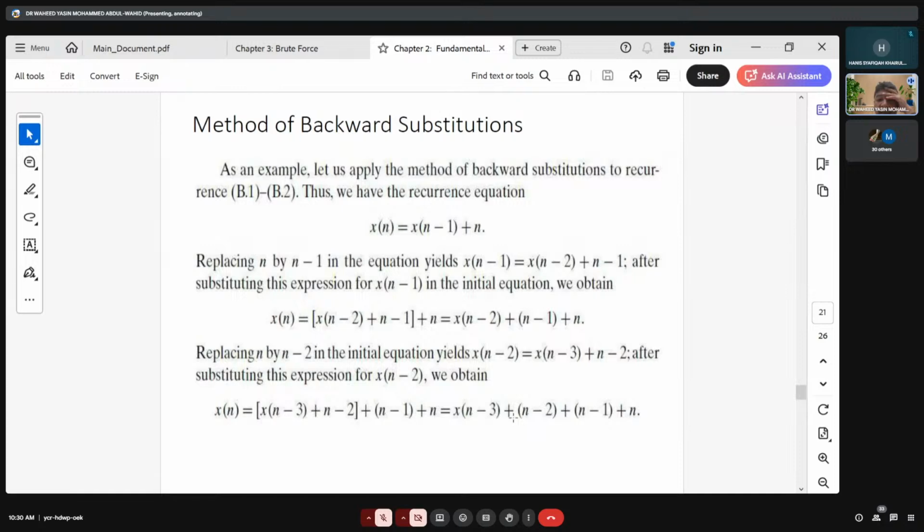We can do this easily by just replacing xn with xn minus 2, then replacing xn minus 2 with xn minus 3, and we get this one. This is the backward substitution.